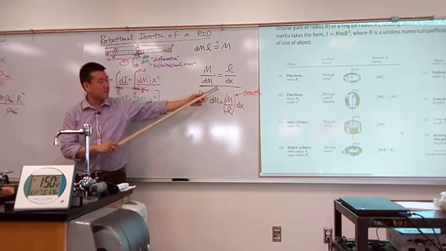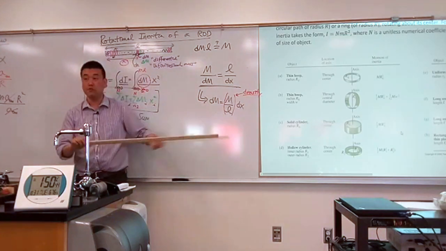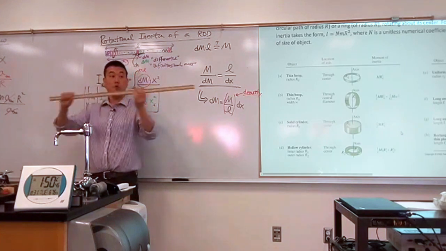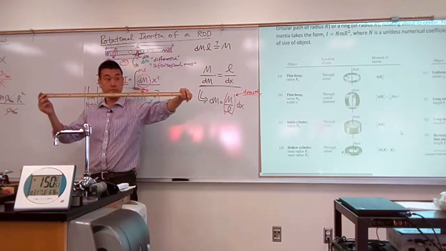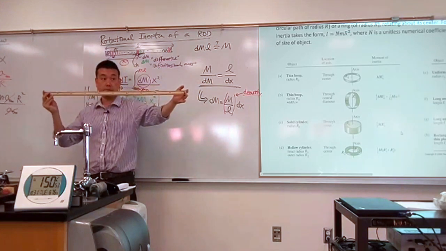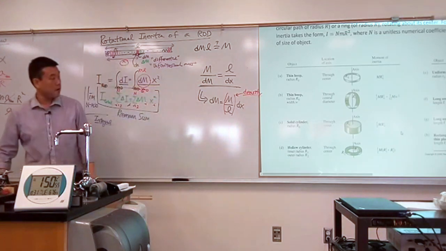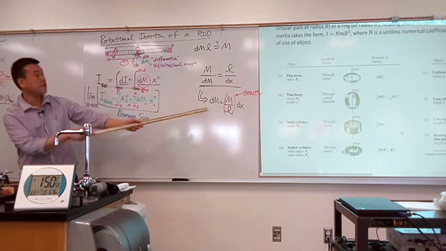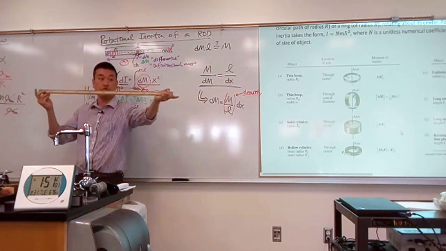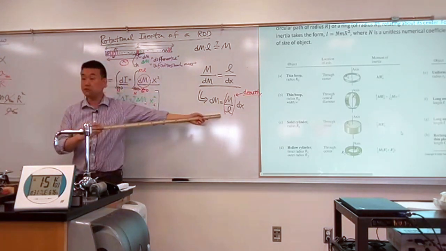And what this expression is assuming is that the density of the ruler is uniform, that one end of the ruler isn't heavier than the other end. Okay? So that's the expression we are going to use, and as long as this ruler is uniform, it will be fine.